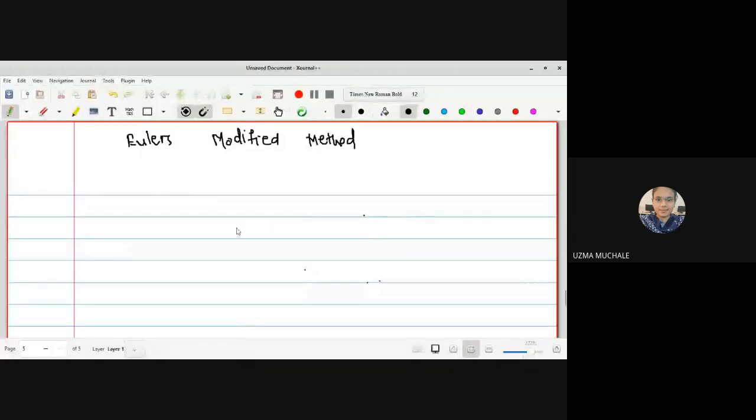In the next lecture, we'll see Euler's modified method. And if possible, if the network is good, then I will record a lecture in which I will explain what Euler's modified method is. Okay?